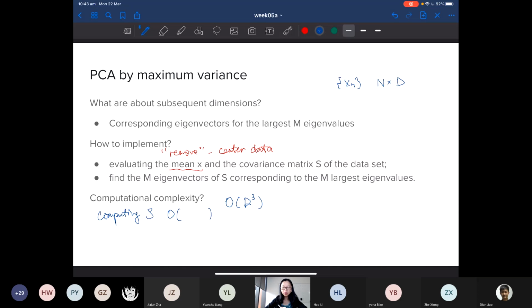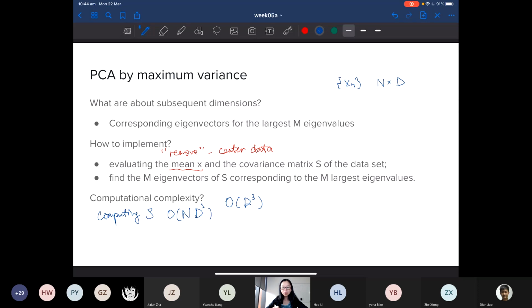The S matrix has D squared elements. It's symmetric, but that only halves the number of free elements. So we need to compute each element, so it's at least D squared. And there are n data points. Basically, we are computing the outer product of the centered x with respect to itself, so there are at least n of those. So computing S costs n times D squared.